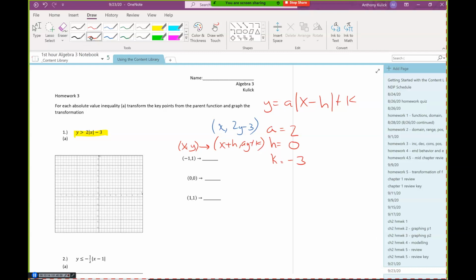So the x-coordinate is going to stay the same, but my new y-coordinate I'm going to find by multiplying the old y-coordinate by 2 and then subtracting 3. So that becomes (-1, 0), (0, -3), and (1, -1). Everybody okay there?